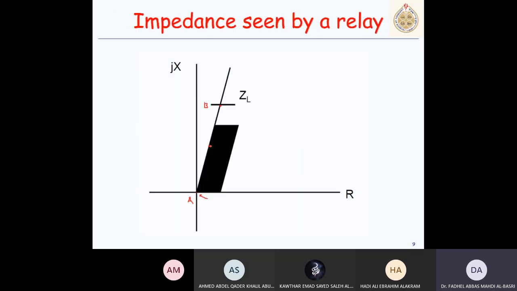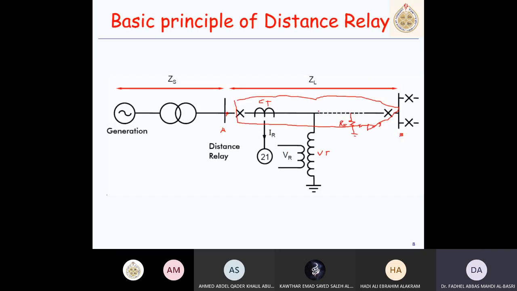So because of this resistance, I will measure 50% of ZL, if this is the fault at 50%, plus a resistance horizontally that represents the RF. So the impedance from here to here is the 50%.